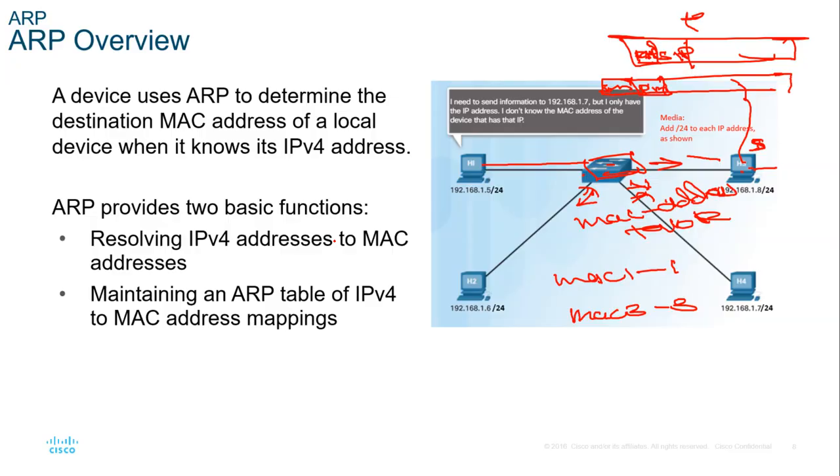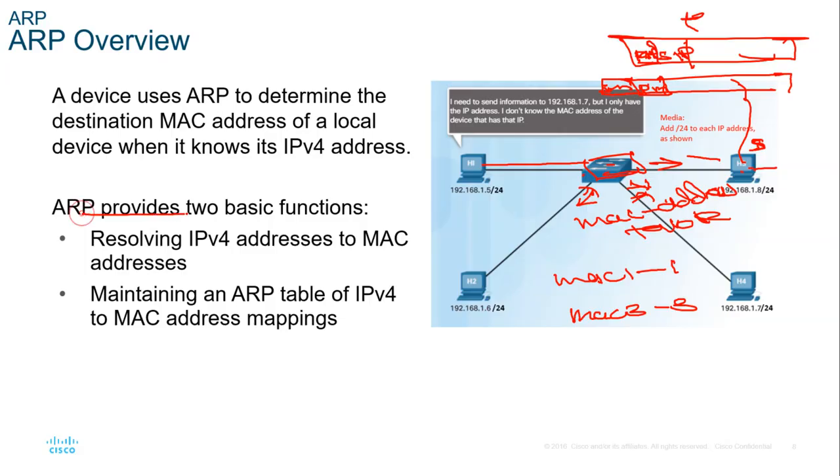Now the two addresses are known. From there, the end devices can communicate or send what we call unicast packets, unicast frames, to the designated destination.